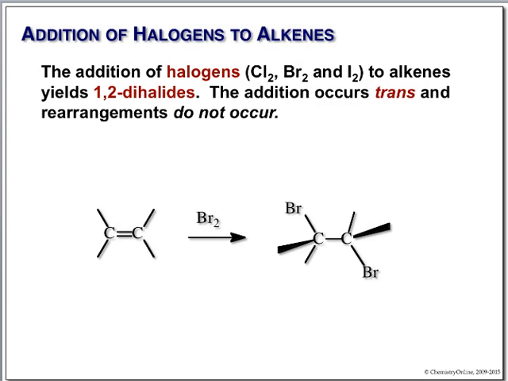Instead of HBr or HCl or something, if we simply take an alkene and react it with a halogen, so this is bromine or chlorine or iodine, what's going to happen is we're going to form a 1,2 dihalide. So both of the halogen atoms are going to add, one to each of the alkene carbons.